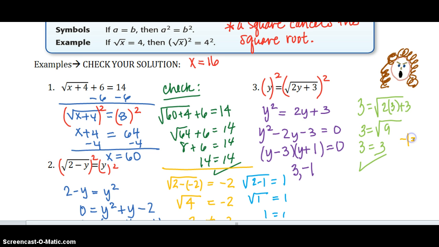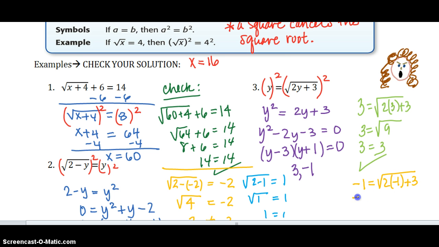Negative 1. The square root of a number: if we're solving for x, we would say plus or minus the square root. But right here, when you're taking the square root of a number, you can't get a negative. So 2 times negative 1 makes a negative 2, plus 3.